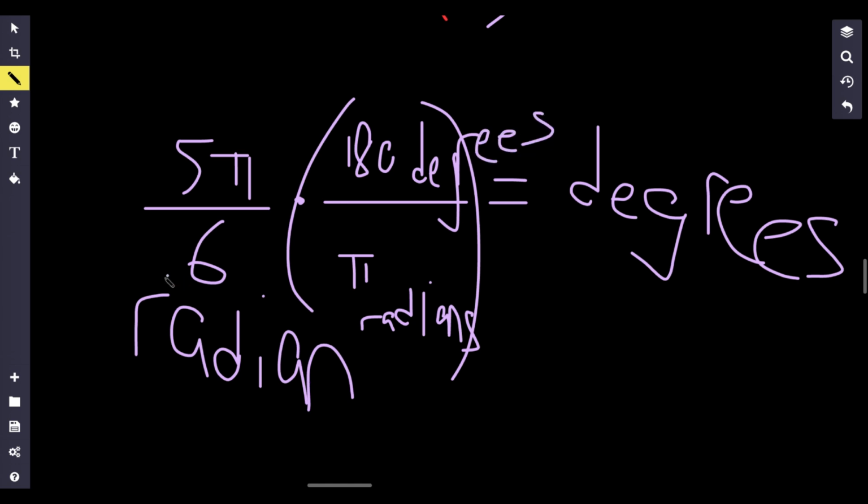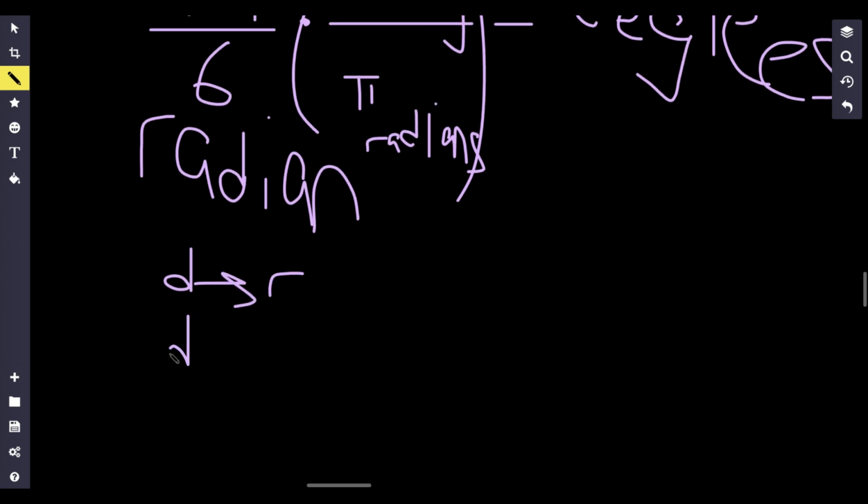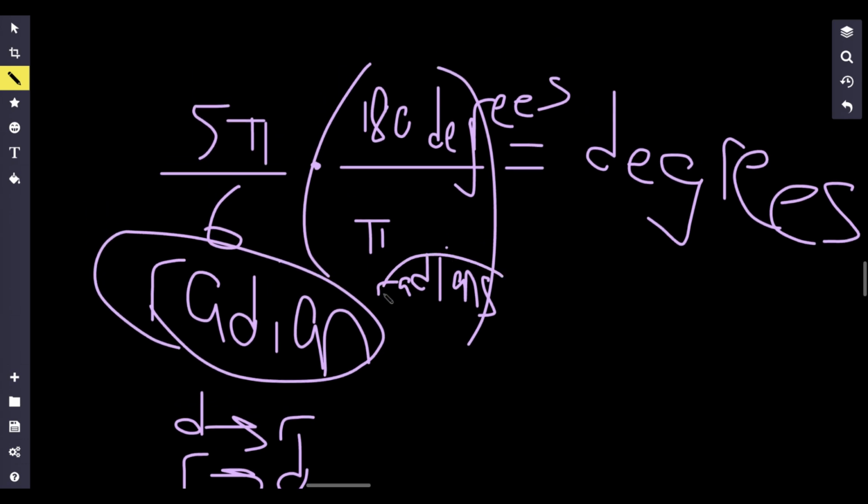Make sure that your units always cancel out when you're doing these types of problems. If you're converting from degrees to radians, make sure that there's a degrees in the top and a degrees in the bottom, so that they cancel out. In this case, if we're converting from radians to degrees, make sure that there's a radians on the top and a radians on the bottom.